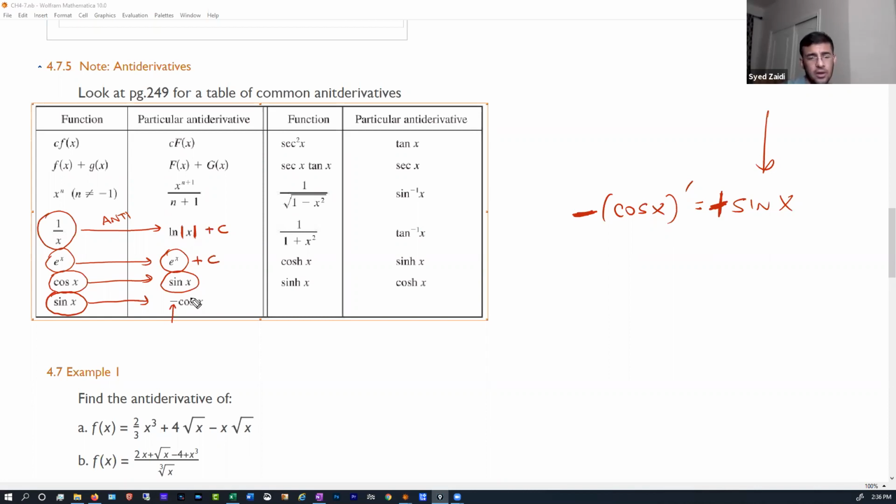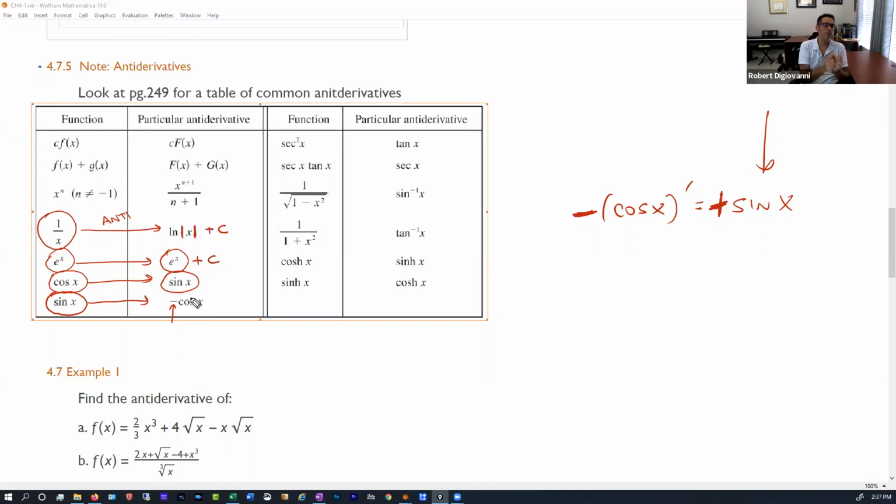So this is the antiderivative, because the derivative that we learned in Cal 1 is basically opposite. Yep. So just to be clear, the derivative of sine of x is cosine x. The derivative of cosine x is negative sine x.